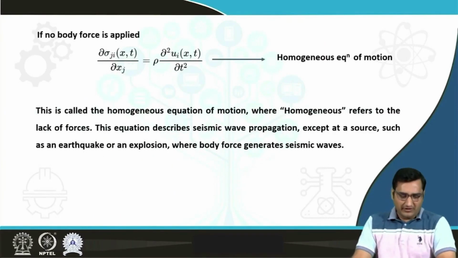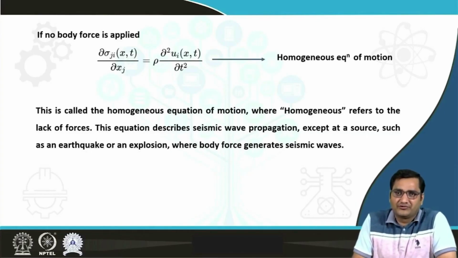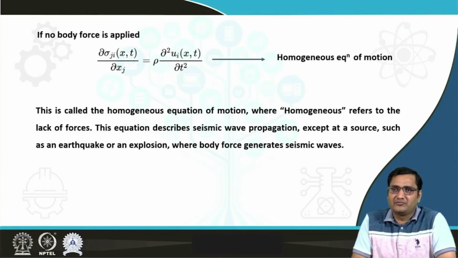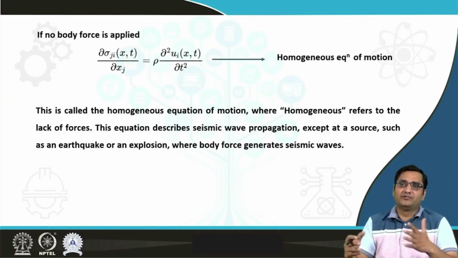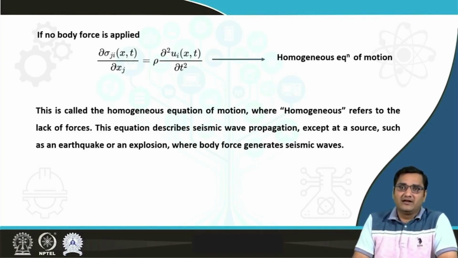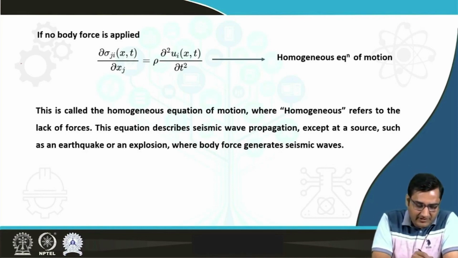Now let's talk about if there is no body force. If there is no body force, that means you are talking about the homogeneous equation of motion. So in the homogeneous equation of motion, fi(x,t) will become 0.